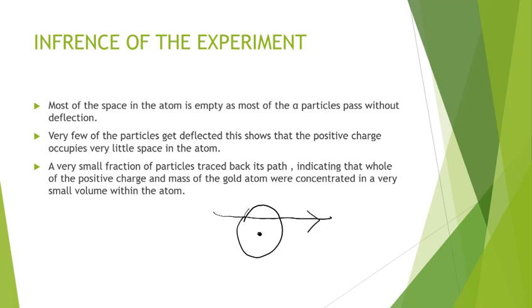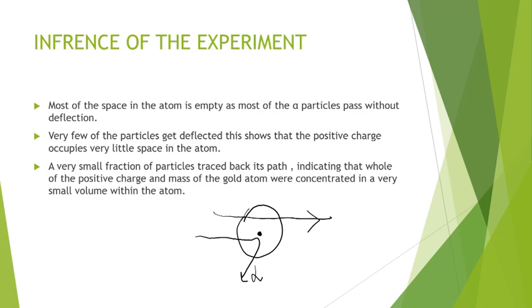The second observation was that very few get deflected by small angles, right? Positive charge will repel the positive charge. Alpha particles are positively charged, and this nucleus is also positively charged.